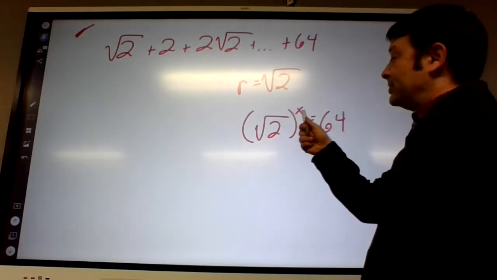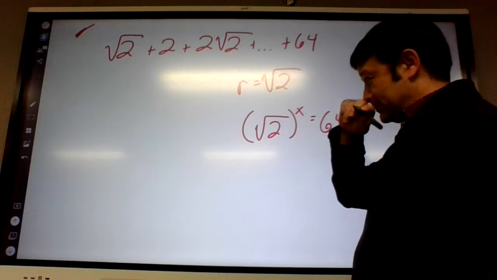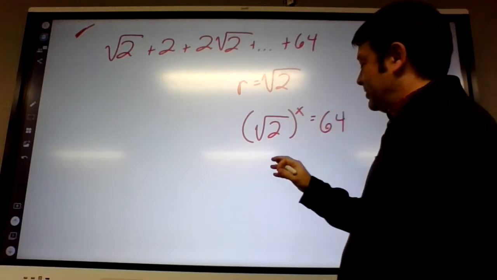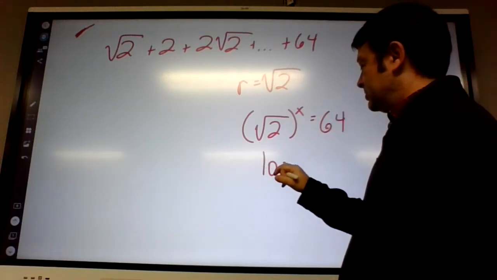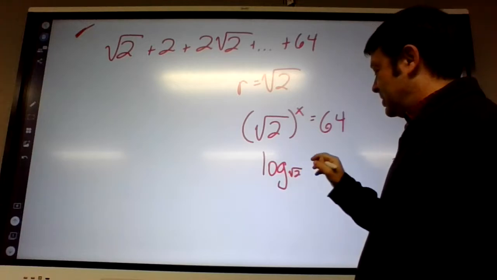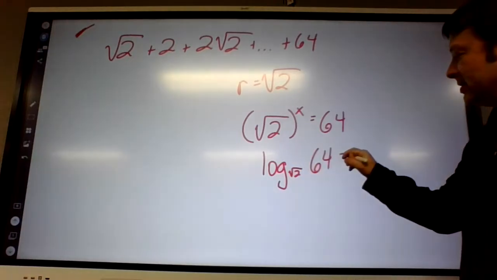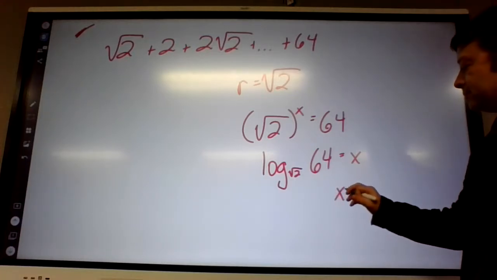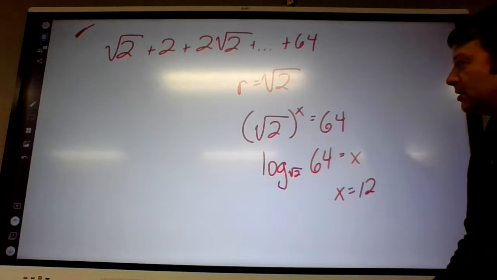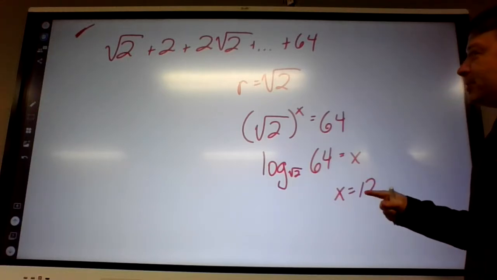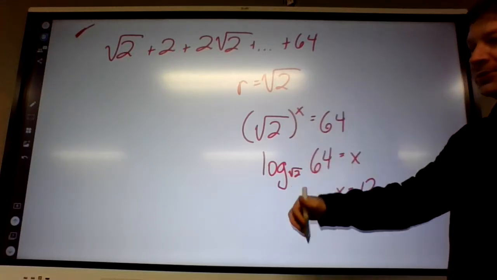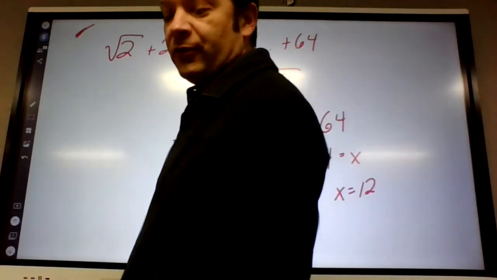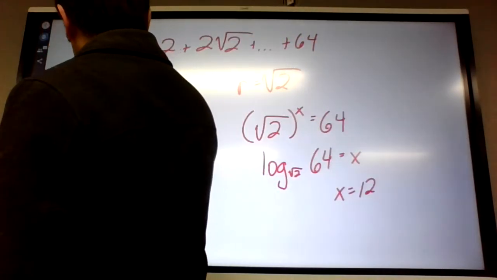That will tell us how many terms there are. We turned it into a log base a of b equals x, and we plugged that in, and we got 12, I believe. So there's 12 terms, the common ratio is square root of 2, and the formula is on page 488.